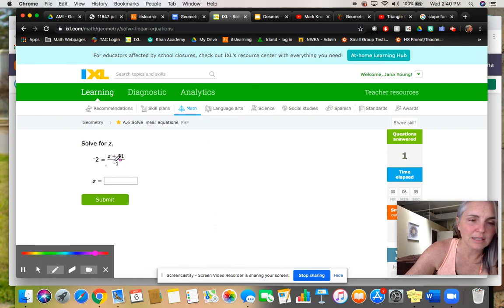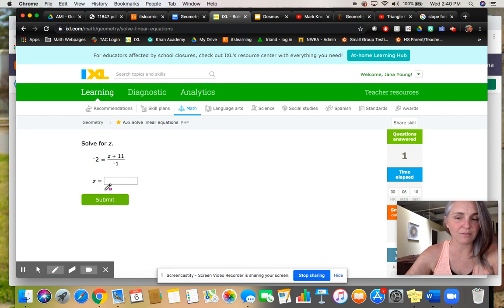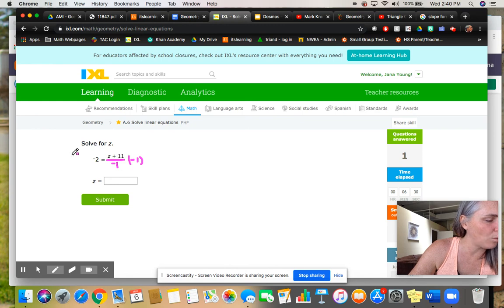All right, let's do this guy right here. I'm going to be lazy and actually just work down from it. So the first thing I see is I've got this fraction bar and then a -1 underneath that fraction. And I don't like that. I think that is crazy and weird, and I'm just going to move it, okay? So I'm going to undo divided by -1 by multiplying by -1. The inverse operation of negative division is multiplication.